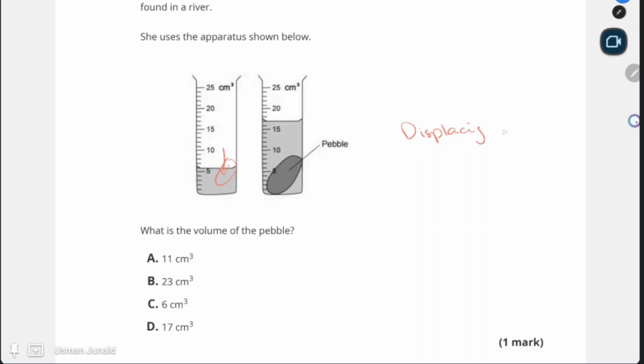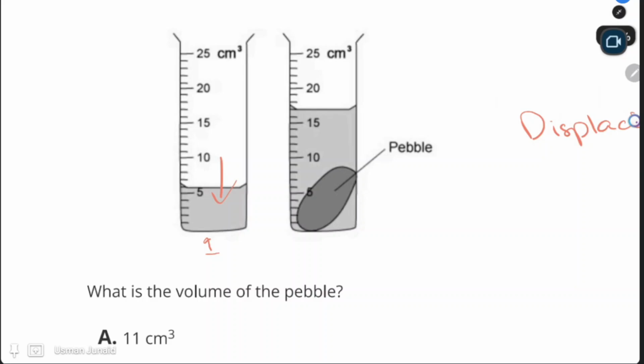So what happens is you have the volume of this added to the already volume of liquid which was inside. So how much is the volume for the first measuring cylinder? It's 6, right?